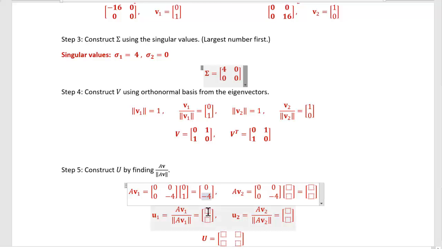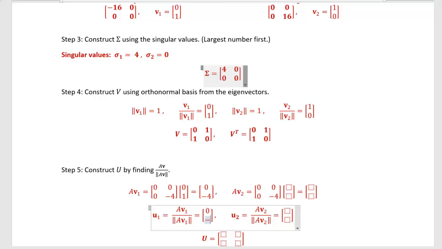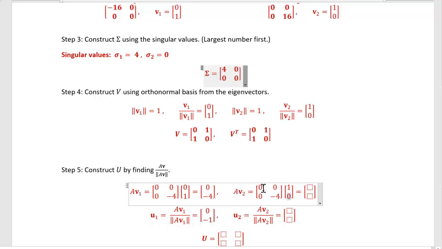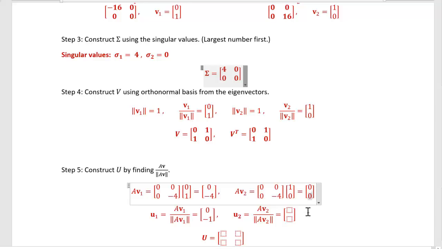If we normalize this, we're just dividing out the 4, the length of that vector, so we get 0, negative 1. Now our second V is 1, 0, and when we do this matrix multiplication, we get 0 in the first slot and 0 in the second slot again.